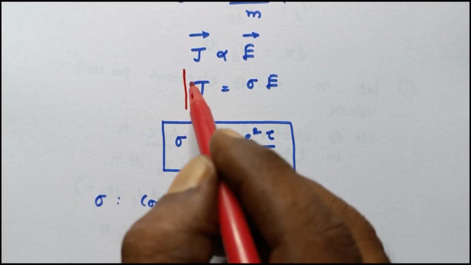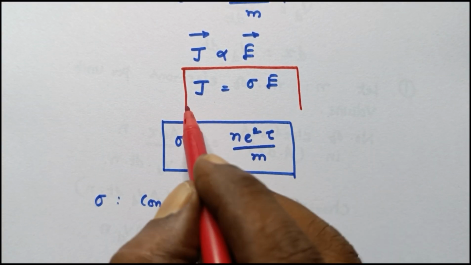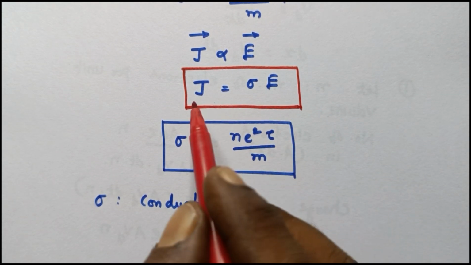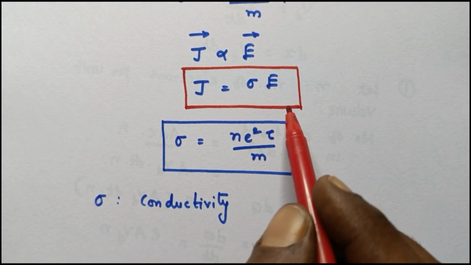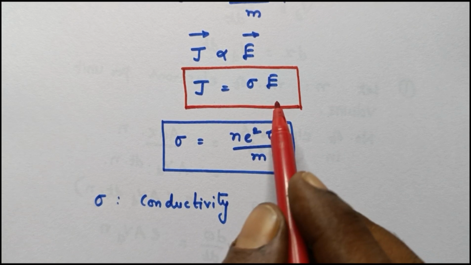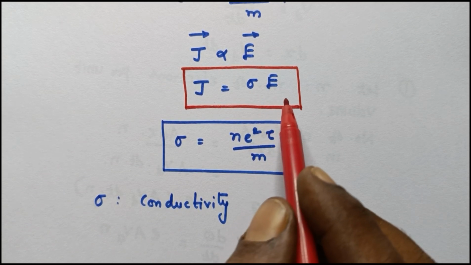This expression is the microscopic form of Ohm's law. From this we can say that the current density is proportional to the electric field.